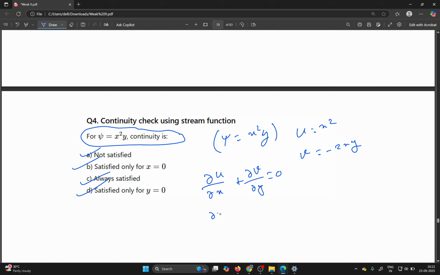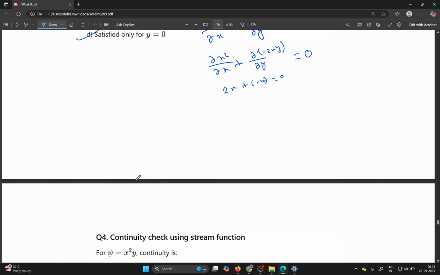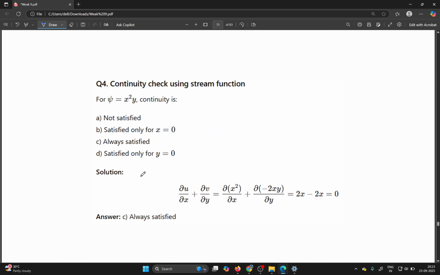So del u by del x is 2x, plus del v by del y is minus 2x. Whether it is equal to 0 or not: 2x plus minus 2x, so it is 0. Yes, it is always satisfied, so option C. So remember this. How you will solve, remember.